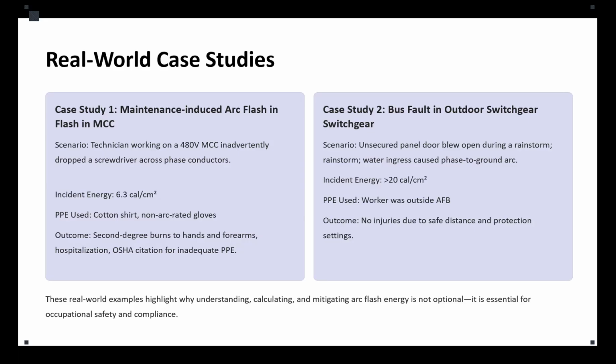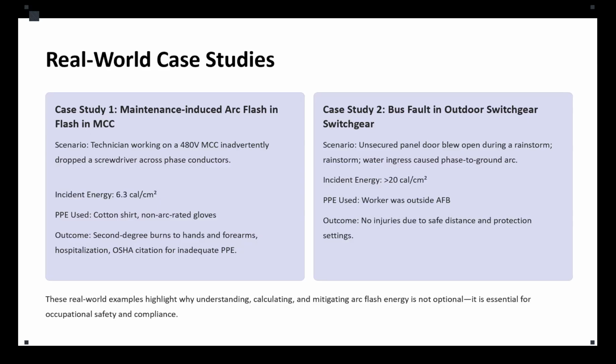Now, what it tells us is that even common tools like screwdrivers can become fatal hazards when we talk about an energized environment. So maintenance on energized systems should always be justified, okay?